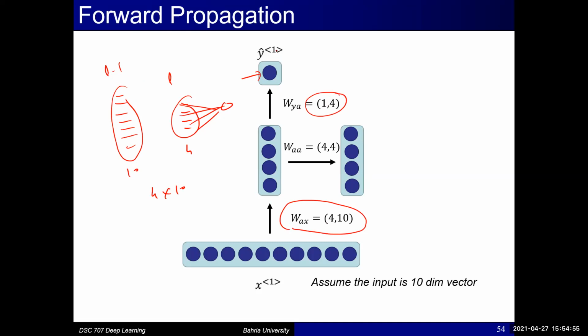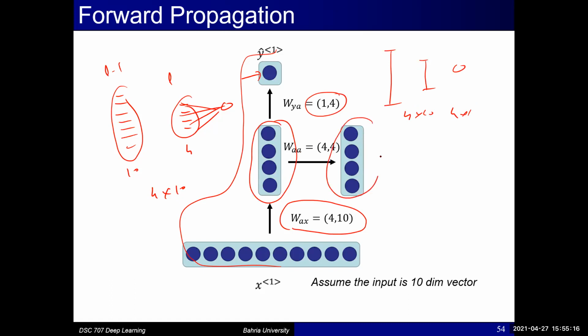Otherwise, if you rotate this part back, it will be like 10 neurons, then 4 neurons and a single neuron. So you have a matrix of 4 cross 10, and then a matrix of 4 cross 1. The only new part is that this hidden layer is connected to the next hidden layer, by next I mean at the next time step.